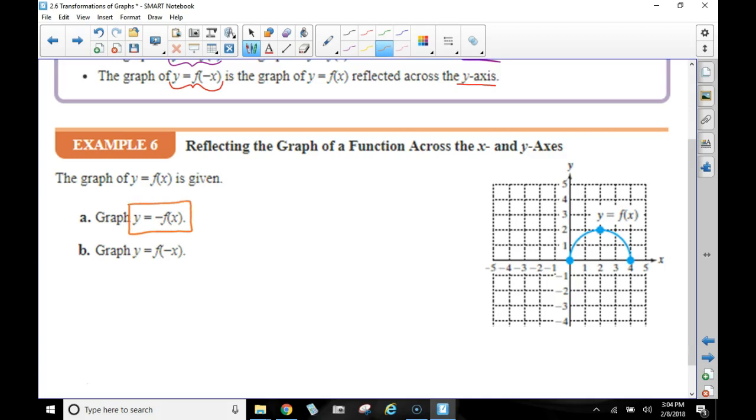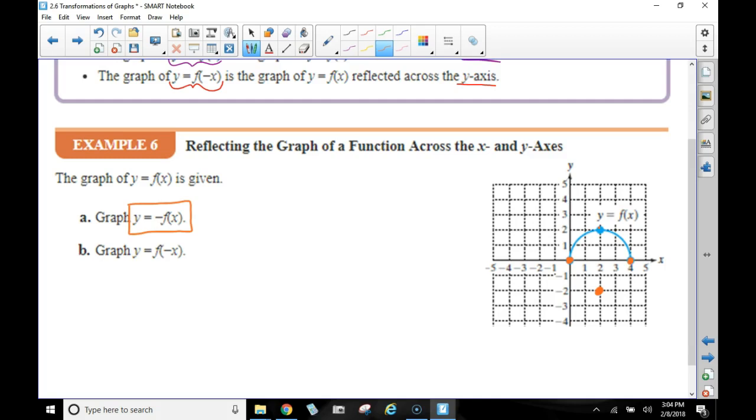Since the negative is out front, that means we're going to reflect everything about the x-axis. So this key point right here at 2, 2 is now going to be at 2, -2. 0, 0 reflected about the x-axis just sits still and stays right there. And 4, 0 stays right there as well.